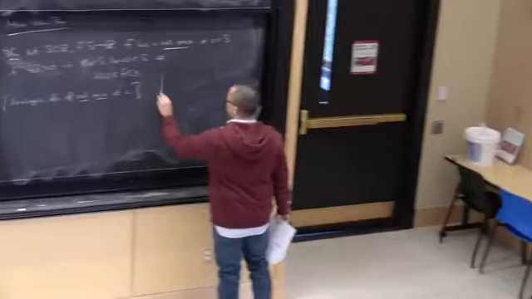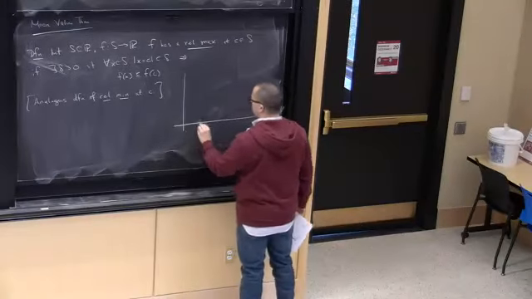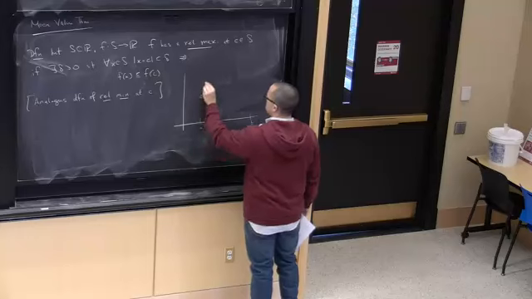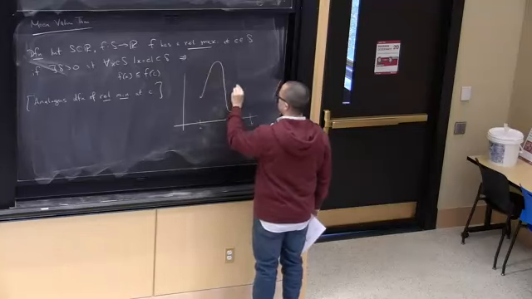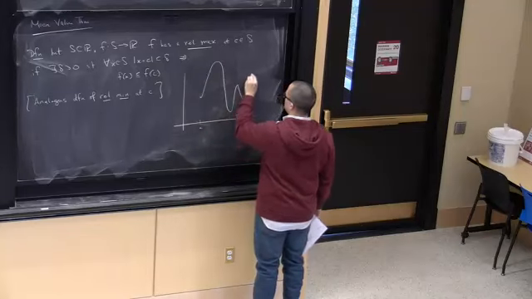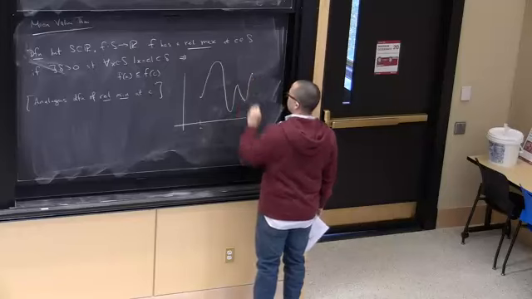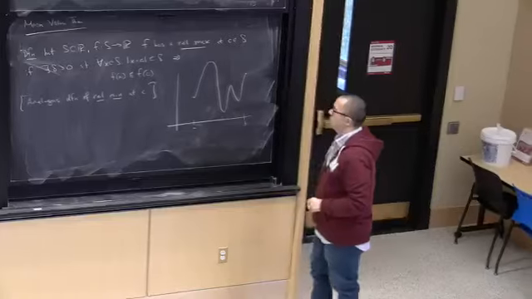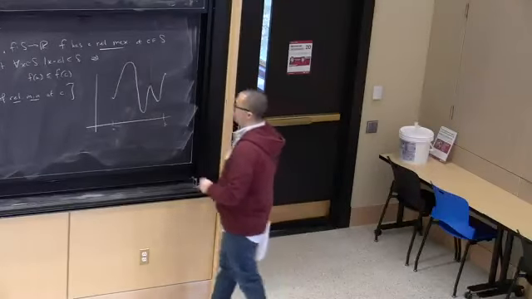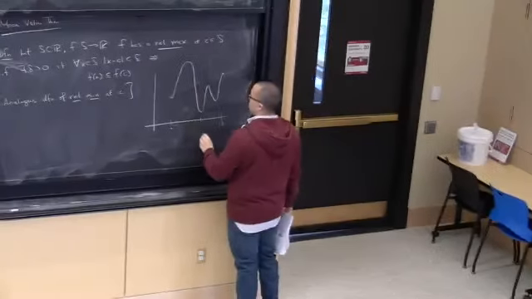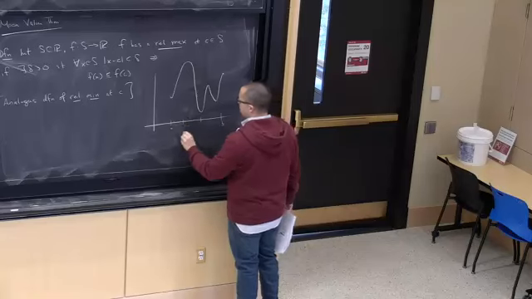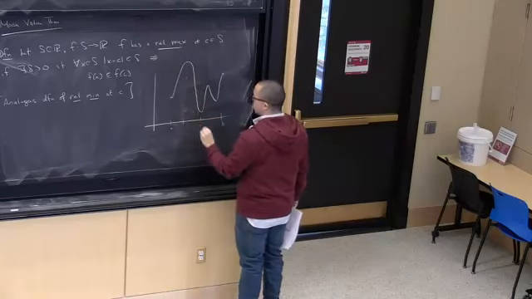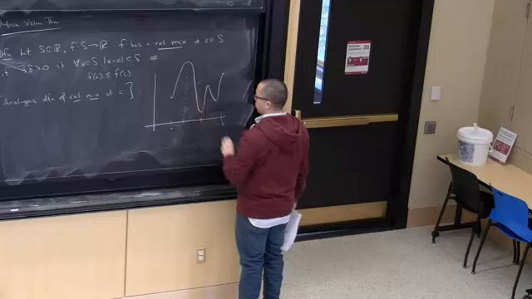So let's say our function looks something like that. Okay, so then let's say we're at this point here.